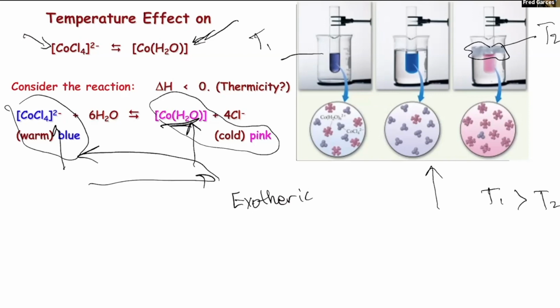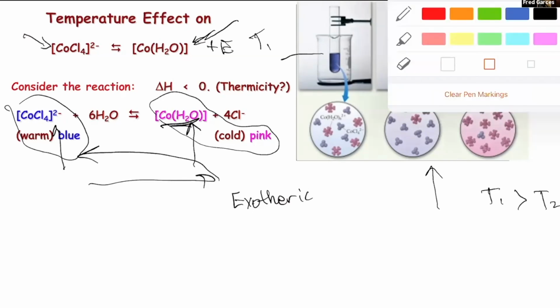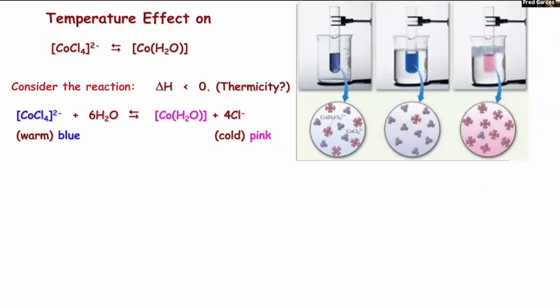When you cool it down, you're removing energy. Let's put energy here so that you can see this. When you cool it down, it's like putting a deficit on the product side. The reaction has to respond by producing more products, and that's what you see.